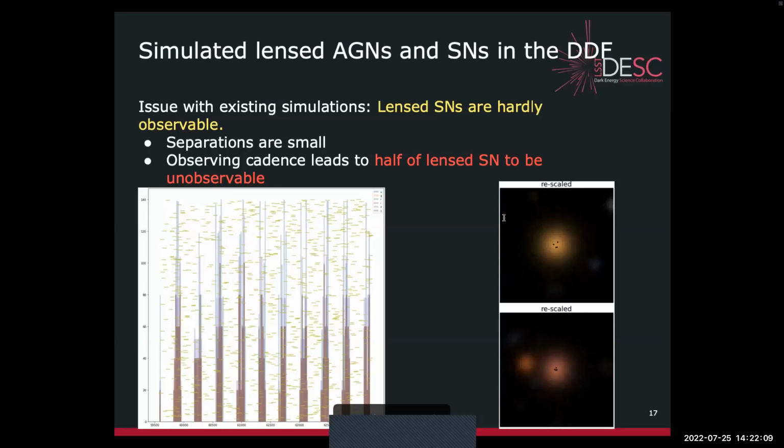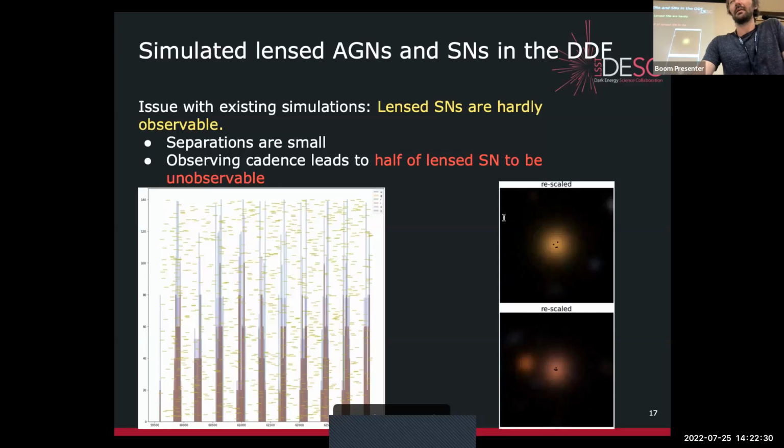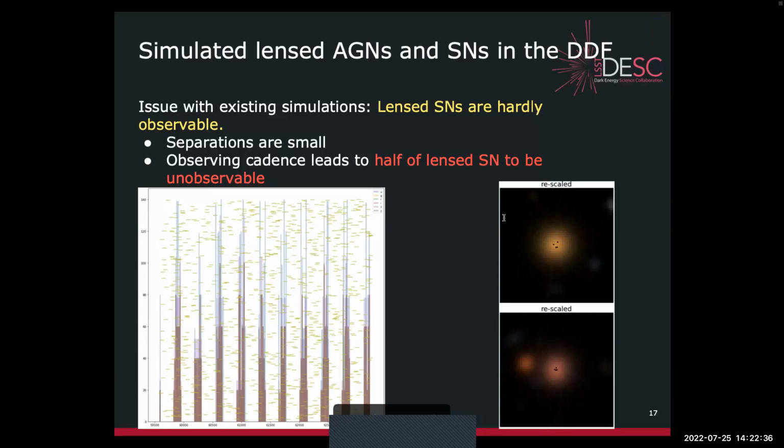I'm guessing other people have thought of this before me. Is there scope for us to define a PSF as a function of image separation for lens transient image pairs? I haven't thought of that before, so I don't have a good answer. It's just a comment, but it shouldn't be that difficult, should it? Yeah.